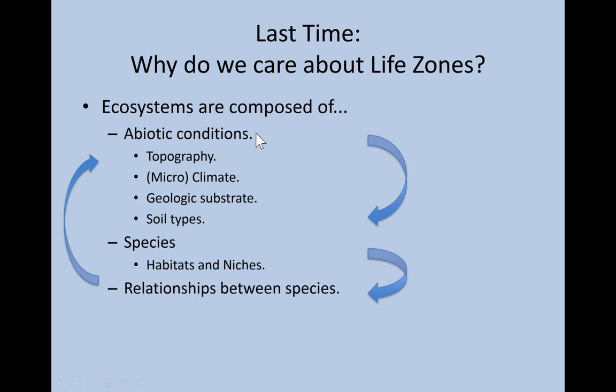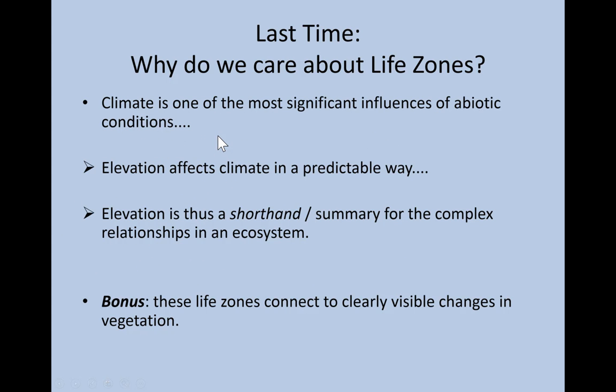Even so, we can start thinking about how abiotic conditions influence species and species influence the relationships between species, and ultimately those relationships between species end up feeding back and affecting abiotic conditions as well. However, we can boil a lot of that down and think about life zones, and particularly life zones as divided by altitude, as a nice shorthand or a summary for a lot of these complex relationships.